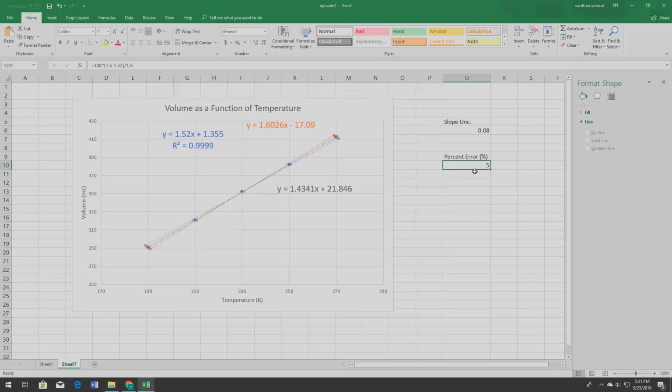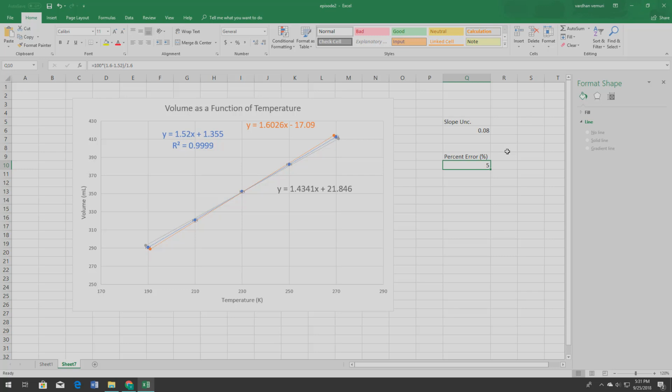What I mean by that is, 1.6, let's say, is our theoretical value, and we have a 5% error on that. So that's really approximately 0.08, and that's pretty good. 0.08 is pretty good in this case.